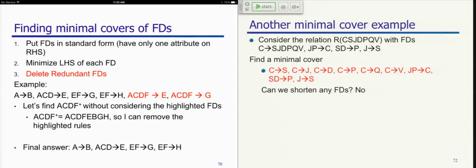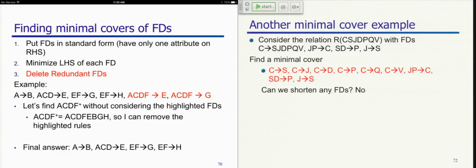Okay, so now if I want to be able to make that shorter, I have to see whether if I change that rule, I can get the same dependencies or not, right? So let's look at closure of J. If I look at closure of J, does J give me anything?